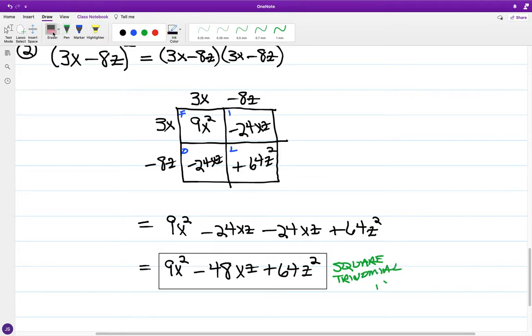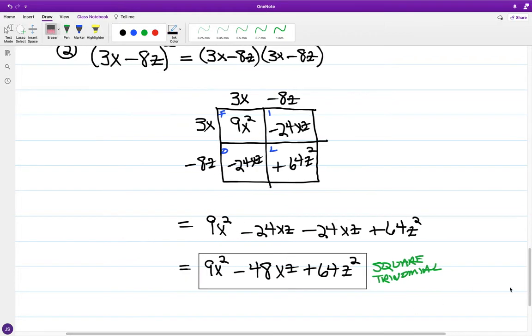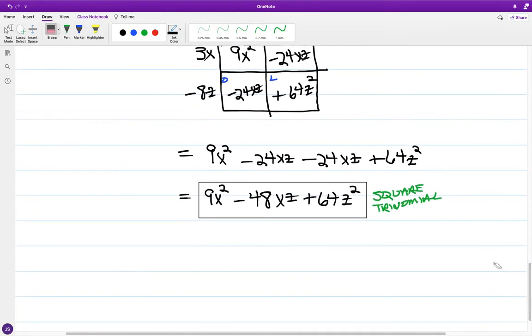Okay, and now going in essentially the other direction. Now we looked at multiplying polynomials, but now we are crossing over into the realm of factoring.